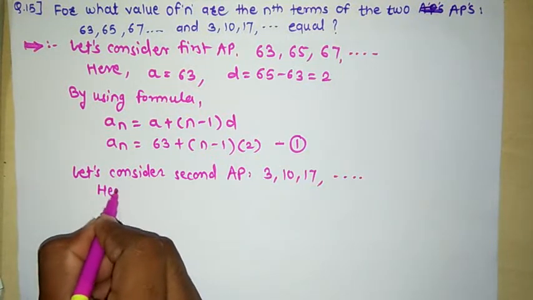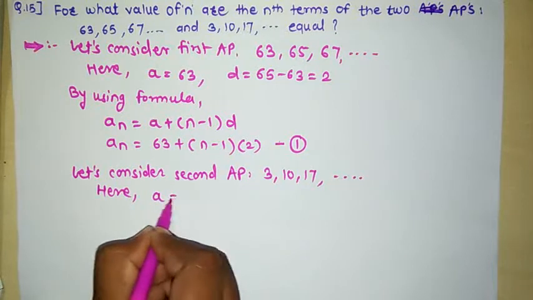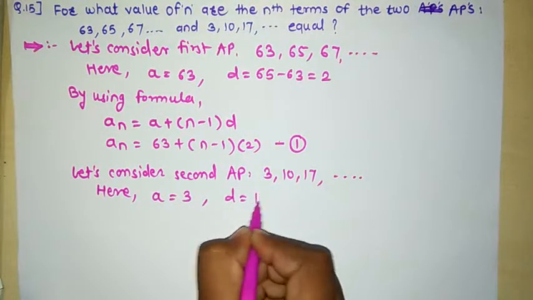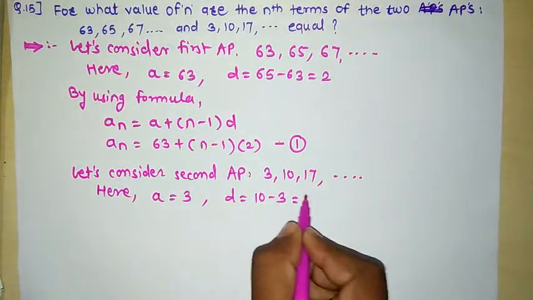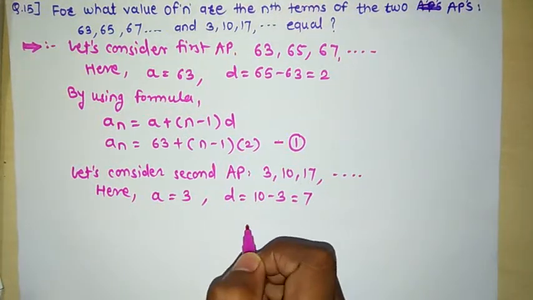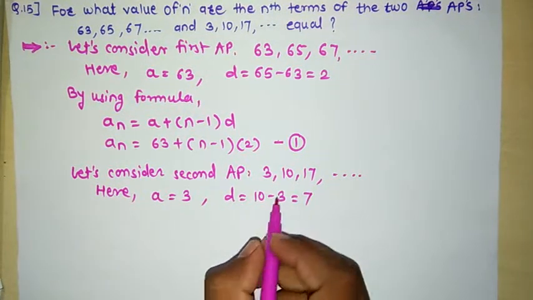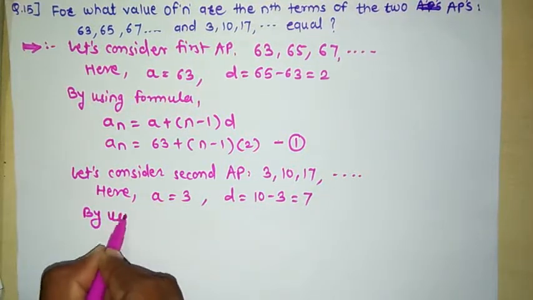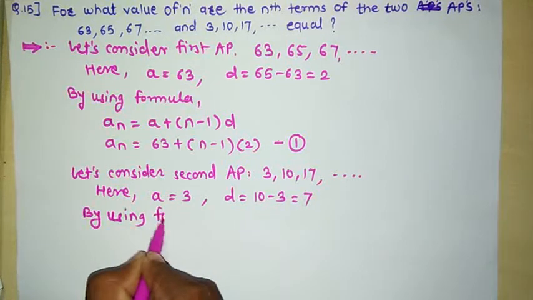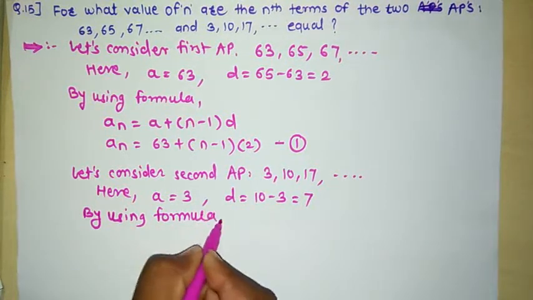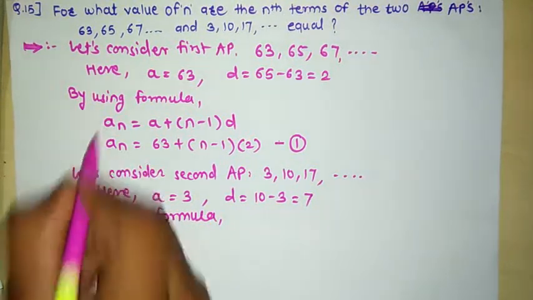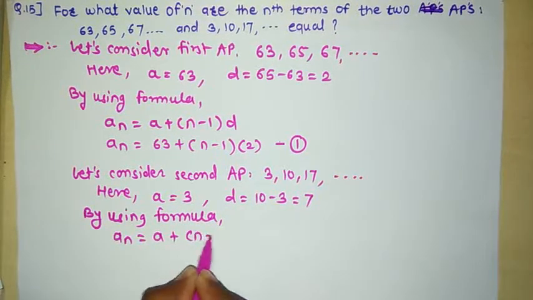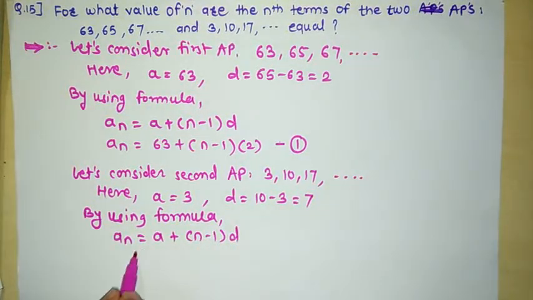Here A, that is the first term, is equal to 3 and the common difference D is equal to 10 minus 3, which is equal to 7. Now similarly we have to use the formula to find the nth term, that is An is equal to A plus (n minus 1) into D.